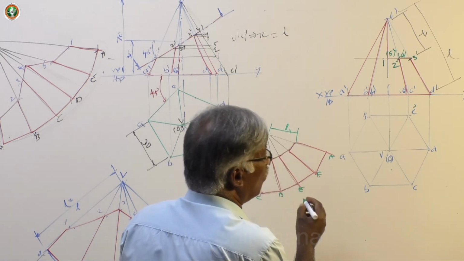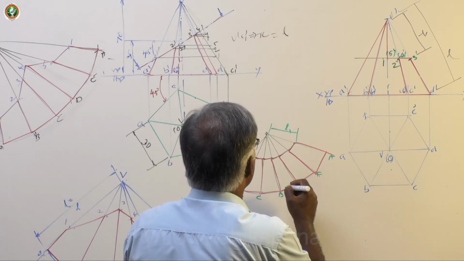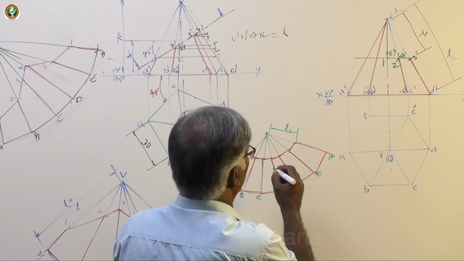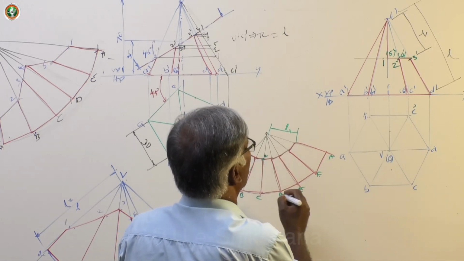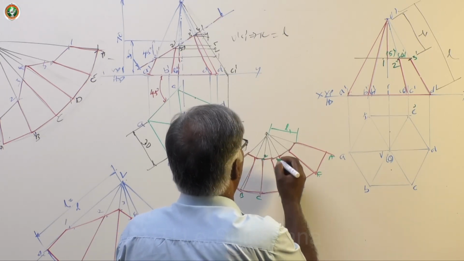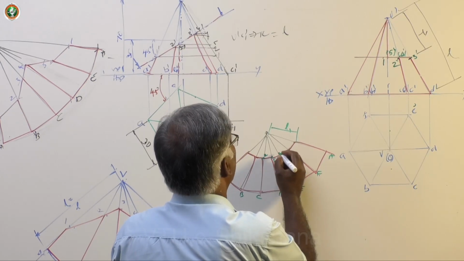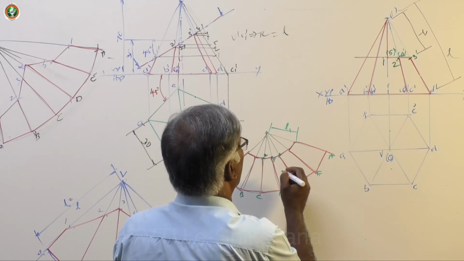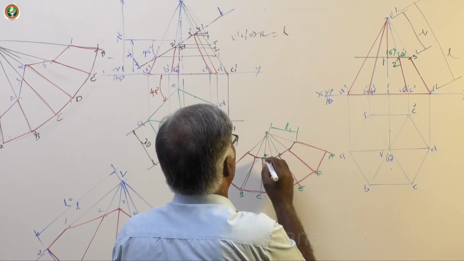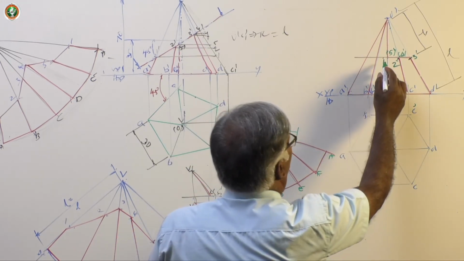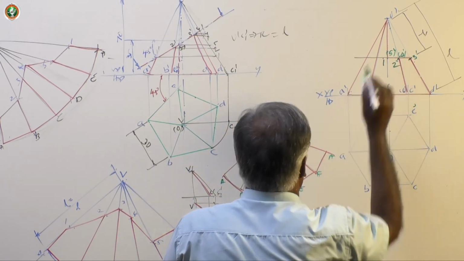That is 2 on C, 2 on C. Next 5 on D, then A 2, 1, 2, 3, 4, 5.